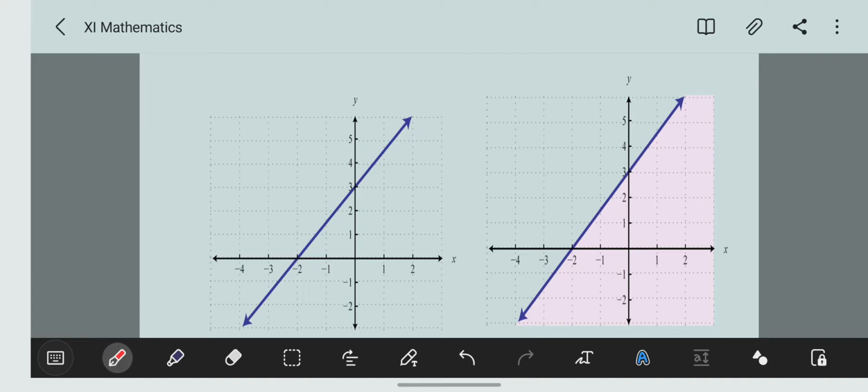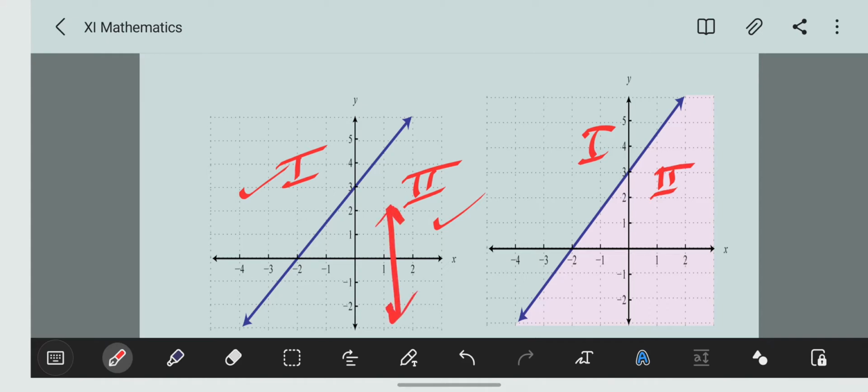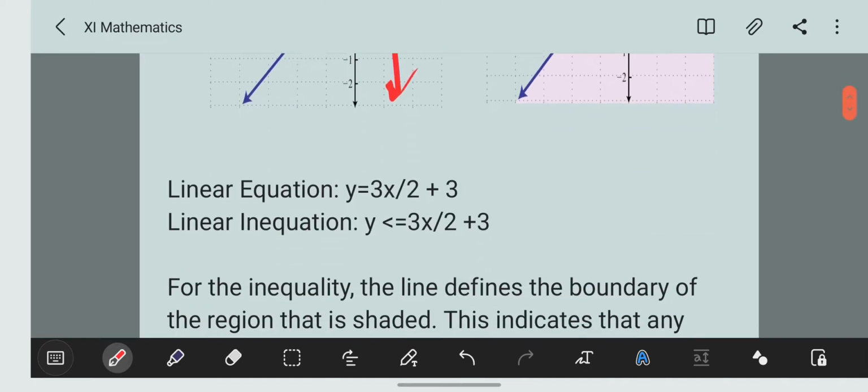By drawing it, you'll get two regions. The first region is this, the second is this. The plane is divided into two sections, the upper one and the lower one. So we call them half planes.